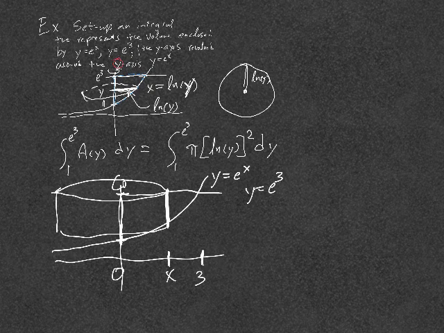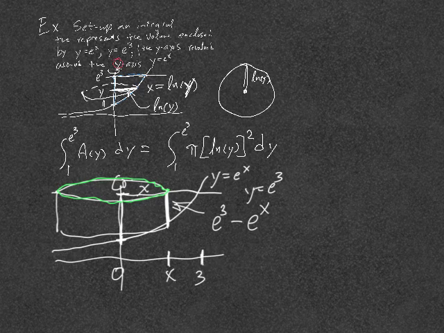And so here, the height of this shell is going to be, well, the top of it is at e cubed, the bottom of it is e to the x, and so this height here is going to be e cubed minus e to the x, and then we have our big circumference up here, and so the circumference is coming from a circle whose radius is x again.